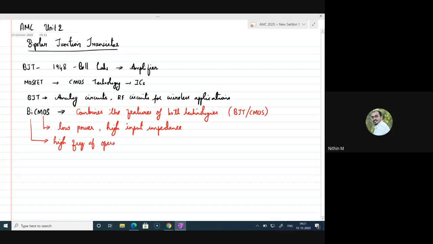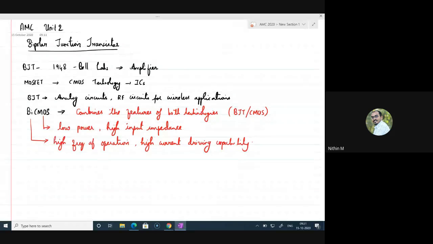You'll be wondering why a BJT can operate at high frequency, not a MOSFET. We'll see that in terms of another parameter, the unity gain frequency. Then it has high current driving capability, which we will also see very shortly. These are the features of both BJT and MOSFET. So BiCMOS, often seen in some ICs, combines the features of both the bipolar junction transistor and the MOSFET.